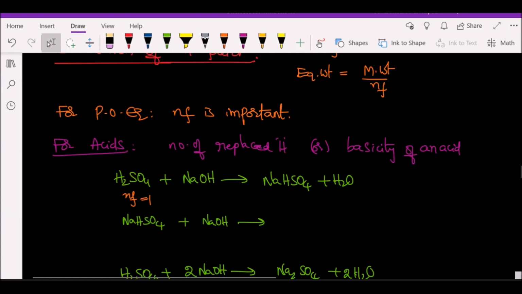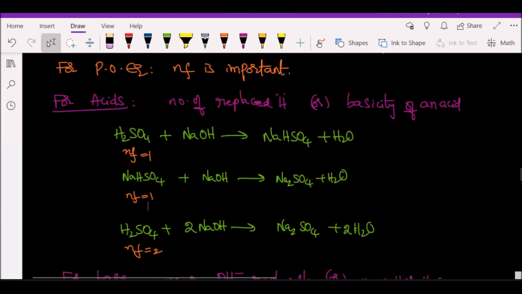As one more hydrogen is available, the products will be Na2SO4 and H2O. So in this case, the n factor of the material is 1 again. For H2SO4 it is 1, and for NaHSO4 it also becomes 1 if it goes through the second step. But instead of two steps, if it goes as a single step, with 2 moles of NaOH used up directly, then we can say the n factor is 2.